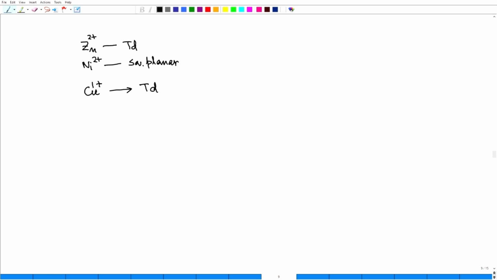So, when you make these compounds, you have to have knowledge of coordination chemistry also, and the properties of different metal ions. Looking at this, we concluded that we will take a first row transition metal ion, preferably copper 1 plus, because copper 1 plus will become tetrahedral, and if that is tetrahedral, it will form like this.